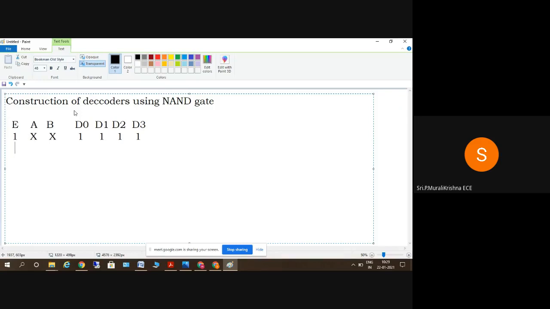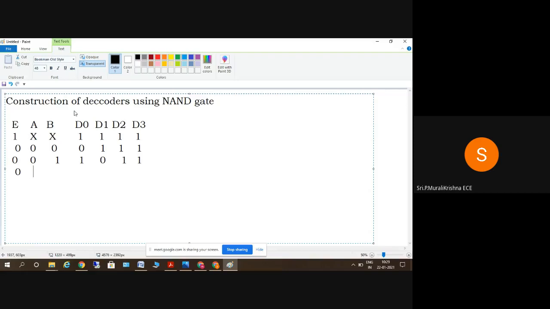When enable is equal to 0 only, then these inputs will work. For inputs 0 0, D naught is 0. Since we are using NAND gates, D naught is active here, and active is represented by 0, and the remaining all are equal to 1. With enable 0 and AB equal to 0 1, D1 is active and the remaining are inactive.